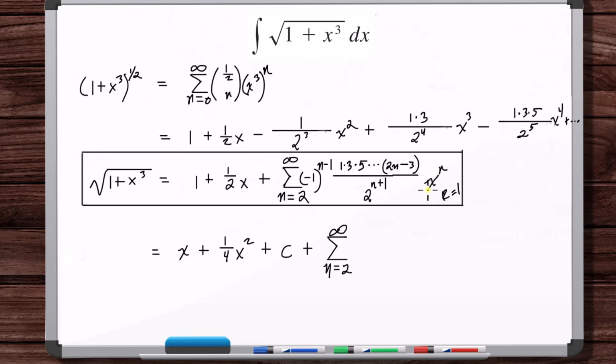You just change this to x to the n plus 1 and then put an n plus 1 in the denominator. So let's do the numerator first. So 1 times 3 times 5.